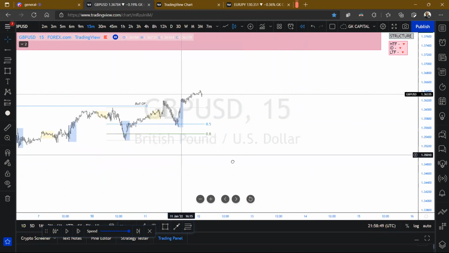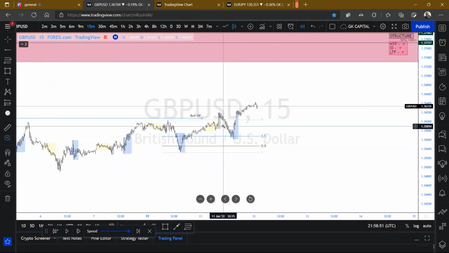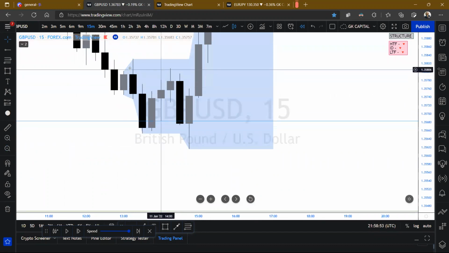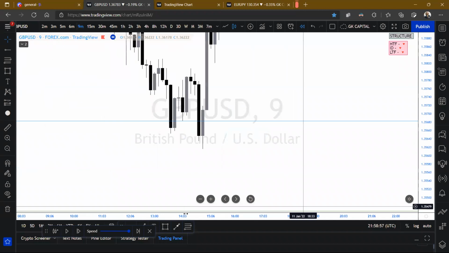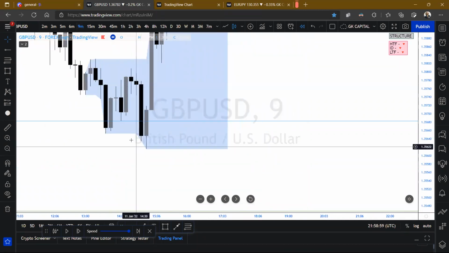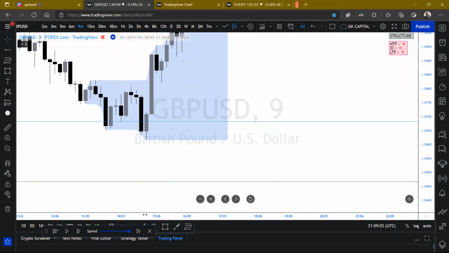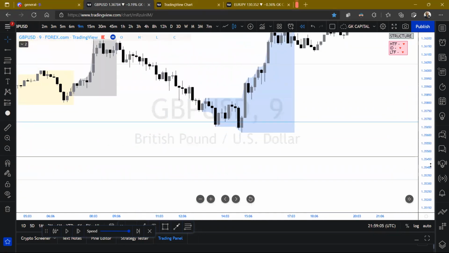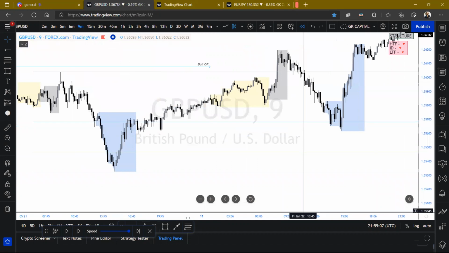Now do we get some sort of accumulation within there? So we get the drop here. Not so much of a clean accumulation, but this will be the last point that we'll be looking to trade.